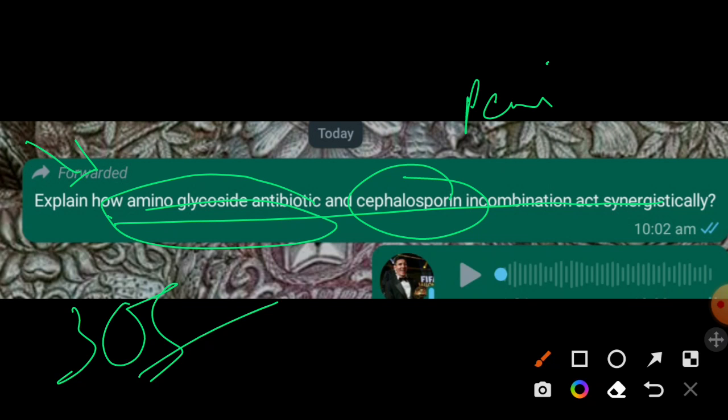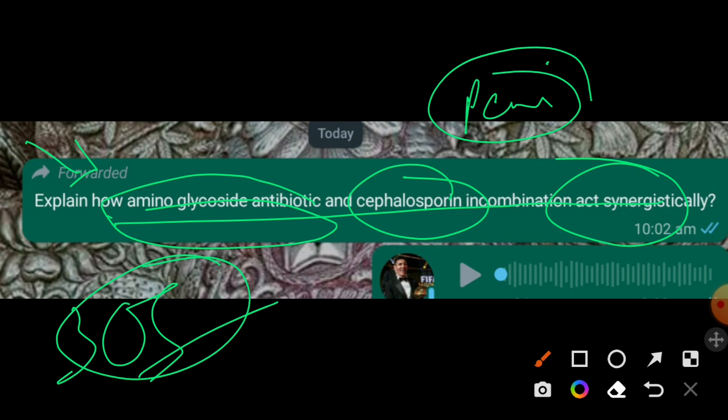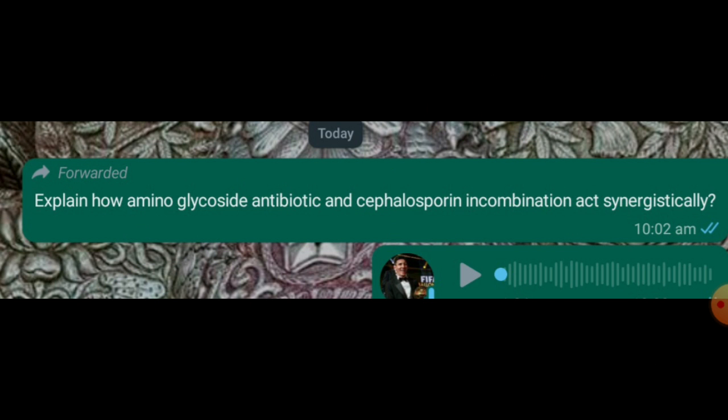They are under the class of beta lactam, right? So they will act synergistically, right? Because they are not interfering with each other's activities, it is quite clear, right? And they are increasing their activity together. Okay, so here I am completing our discussion. So I hope you have understood the concept very well.